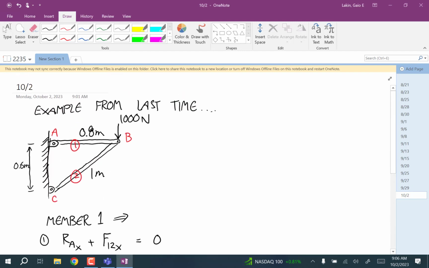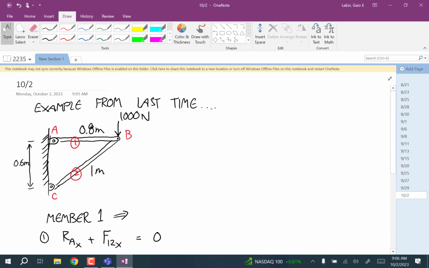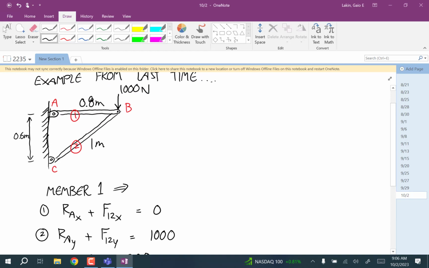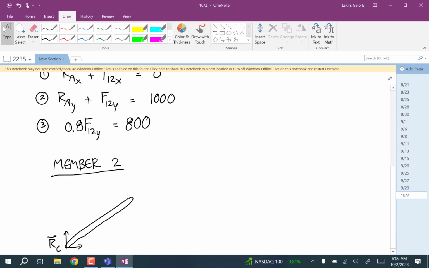Okay, and then up at the other joint, normally we have the weight in here, but this time there's no weight. So what force or forces are acting on member 2 at that joint B? This just takes a little bit of careful thinking. So there's this force, the force on 2 by 1.